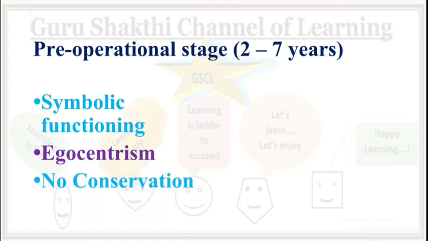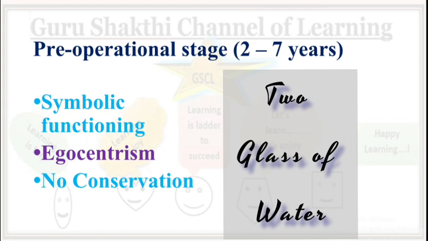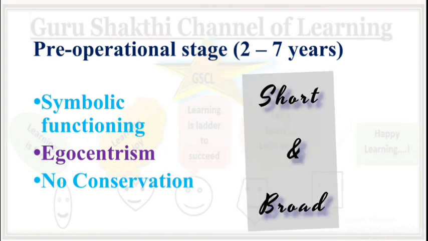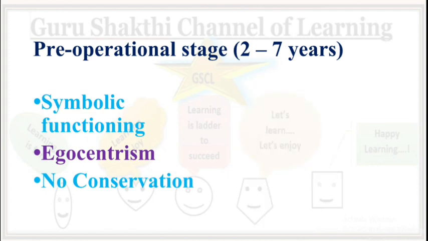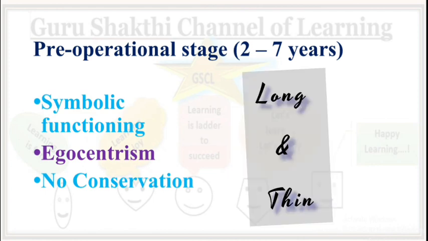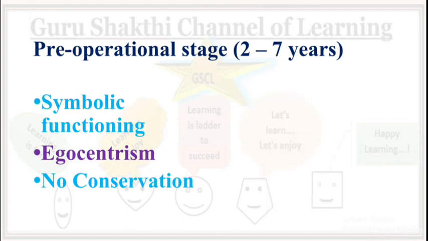No conservation. The child's decision at this stage depends more on appearance than on logic. This is explained through a simple experiment wherein there had been kept two glasses, first one being short and broad, and the second one long and thin.